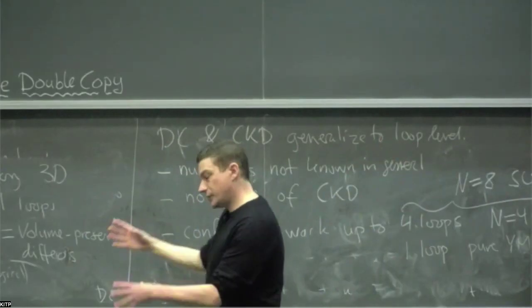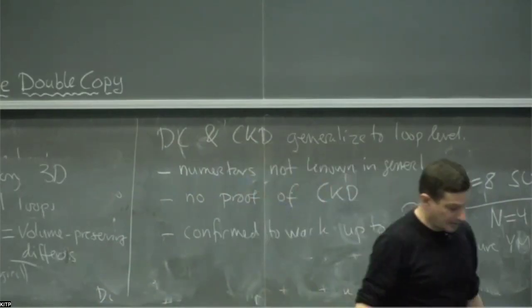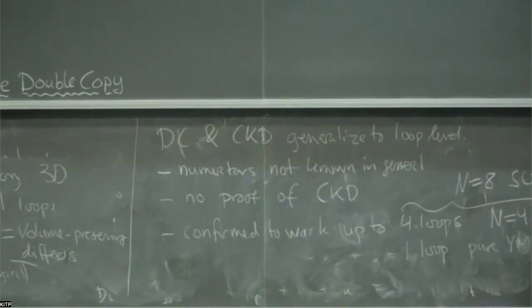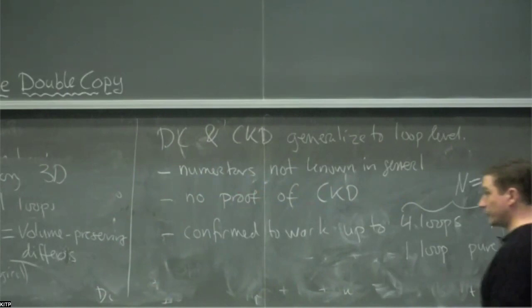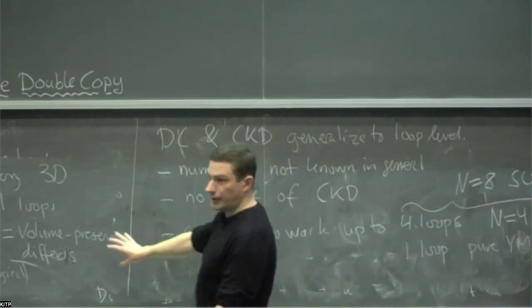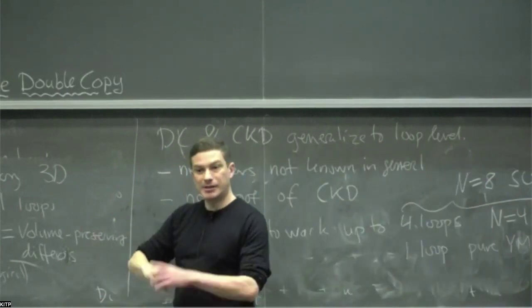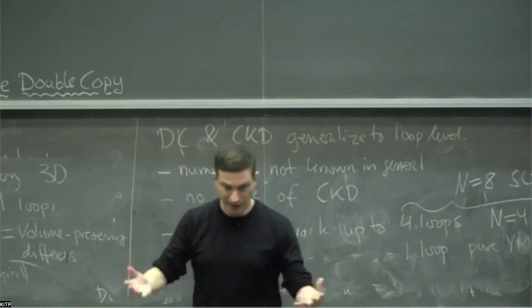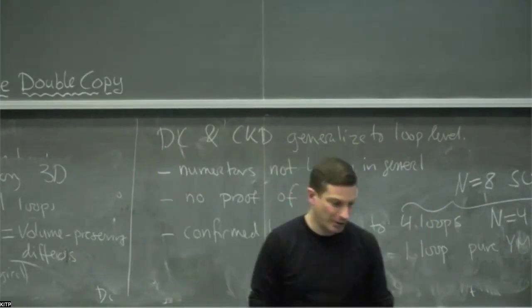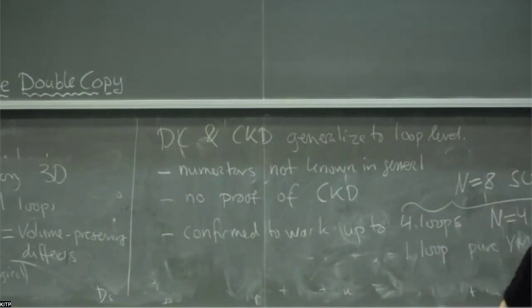So we know that there's a subsector of Yang-Mills which has volume-preserving or area-preserving diffeomorphisms. So it's probably also true that the full theory has volume-preserving diffeomorphisms as a sub-algebra, and then there's some larger version of that. I don't know what the larger version is, but this gives us some clue.